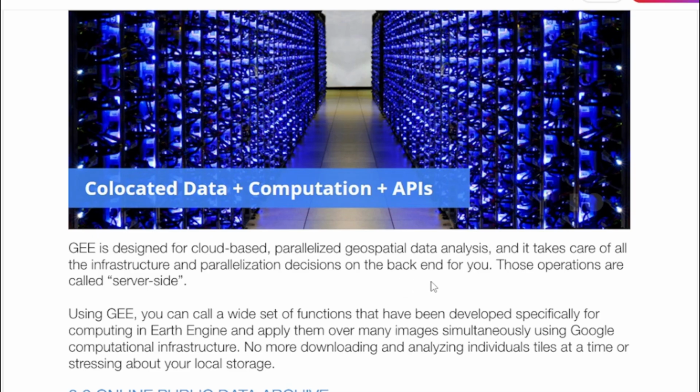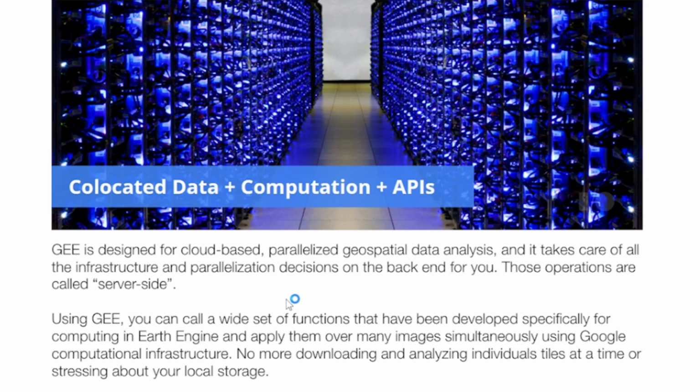That means server side: you request to use data, and the server side provides data with parallelization decisions. There are no problems with the data; the only thing you have to know is the processing steps. Those operations are server side.